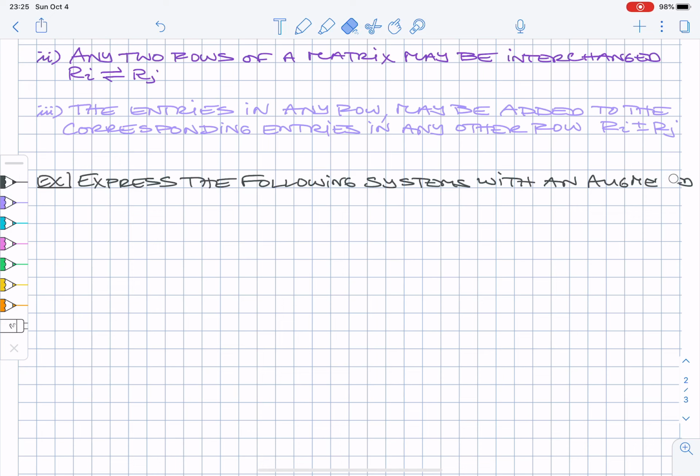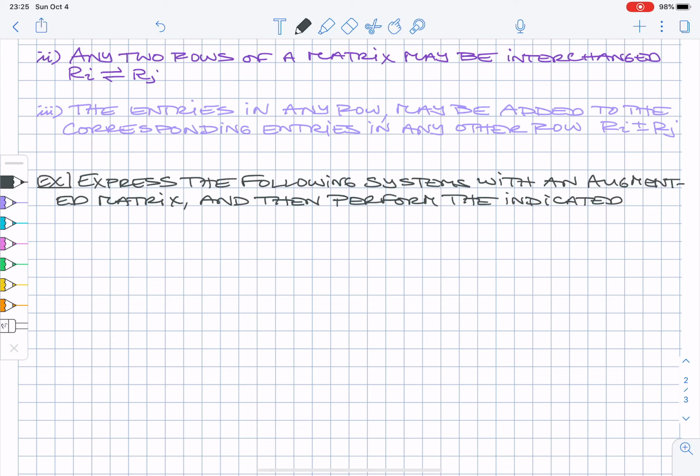It's terrible, augmented. You know what, I'm just going to hyphenate. I'm not sure where to hyphenate. Matrix. And then perform the indicated row operations.